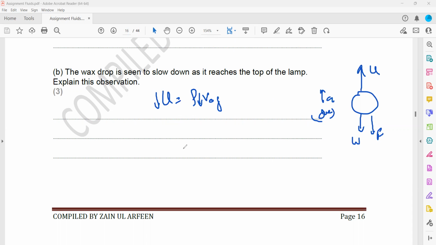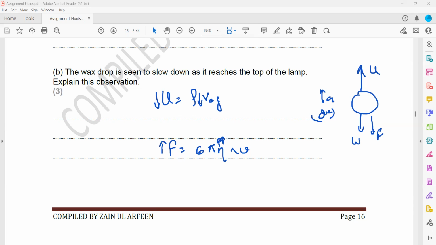Or you can also mention that the part of the liquid which is colder will have more viscosity. We have the formula for viscous drag, 6 pi eta r v. So the part of the liquid with low temperature will have a high viscosity. As a result, the viscous drag will increase.